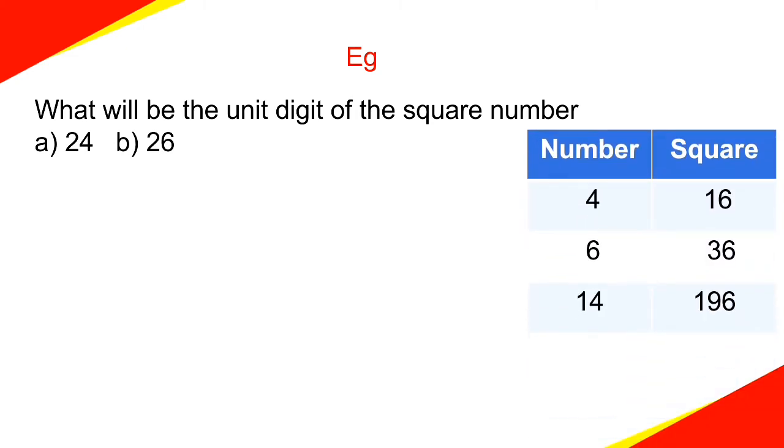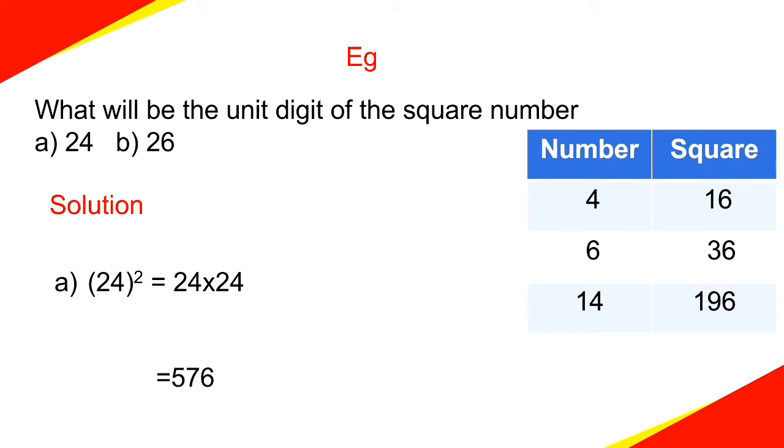Here, once look at the table: 4 squared is 16, 6 squared is 36, 14 squared is 196. Now we are going to solve. 24 squared is equal to 24 into 24. So what can we get?